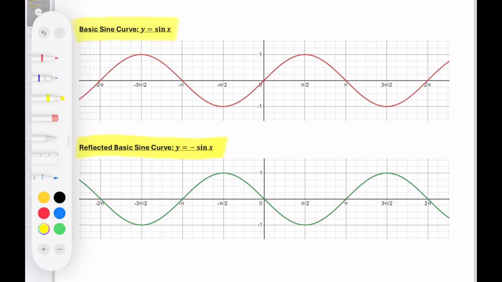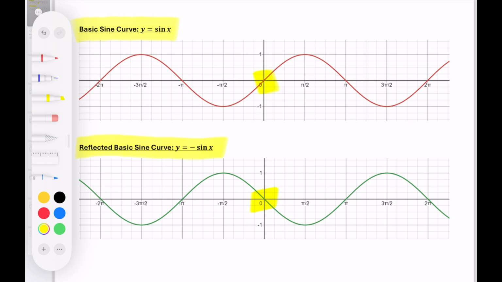For those basic curves, we always consider the starting point to be the point where the graph intersects with the y-axis. For the basic sine curve and also for the reflected basic sine curve, the starting point is actually at the origin because that's where the graph intersects with the y-axis.